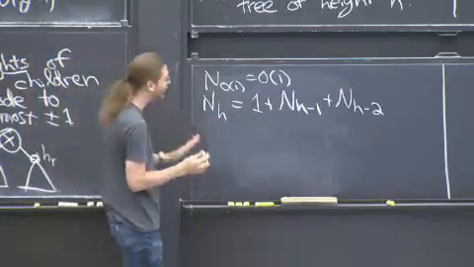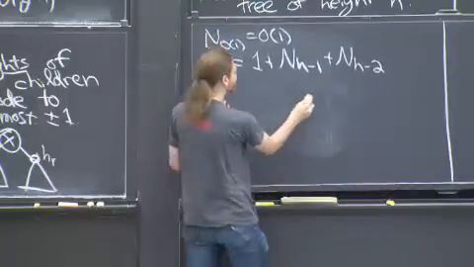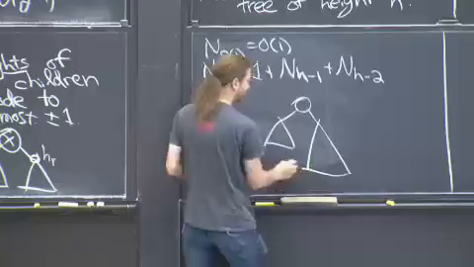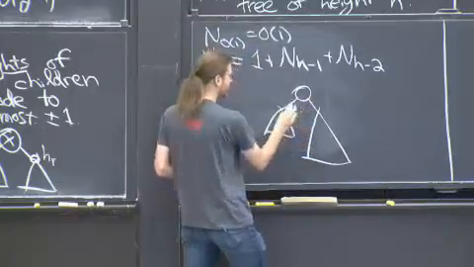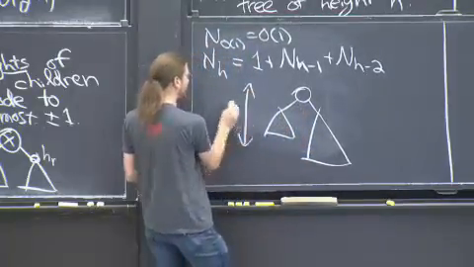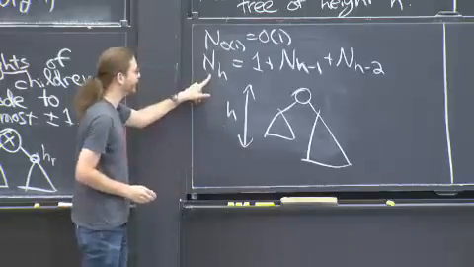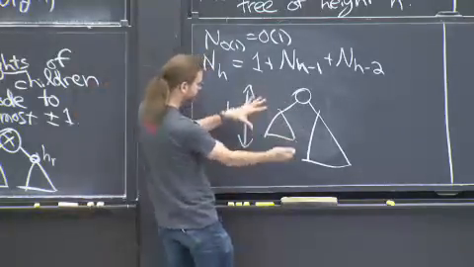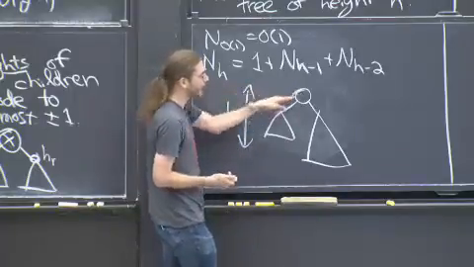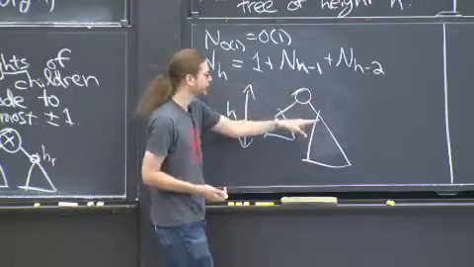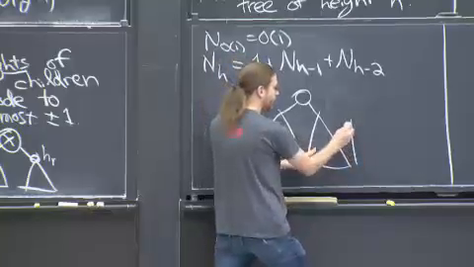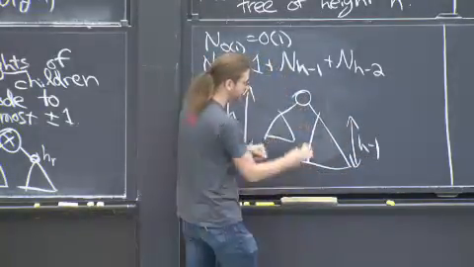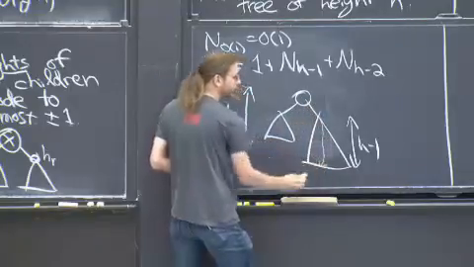Good. Okay, why? Because the one thing we knew is that our tree looks like this. So we've got, total height here is h. That's what we're trying to figure out. How many nodes are in this tree of height h? Well, the height is the max of the two directions, right? So that means that the larger has height h minus 1 because the longest path to a leaf is going to be down this way.